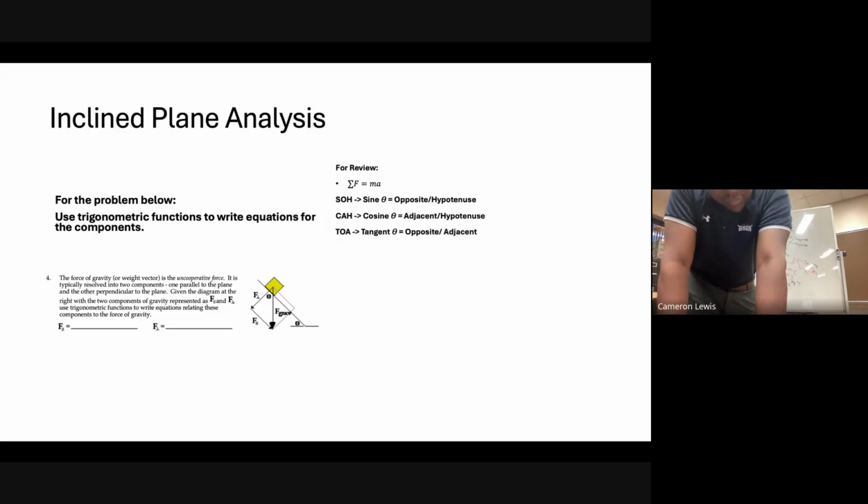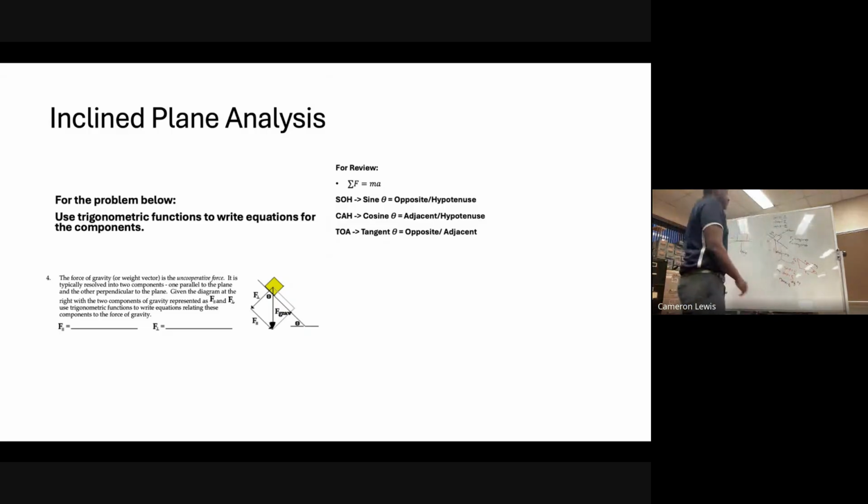Wait, wouldn't the perpendicular be cos actually? And the other one be sine? Oh yeah, I switched the angle. I put the angle at the wrong place. I was looking at the wrong one. One more time, the angle really is here, because the parallel side would be opposite the angle.